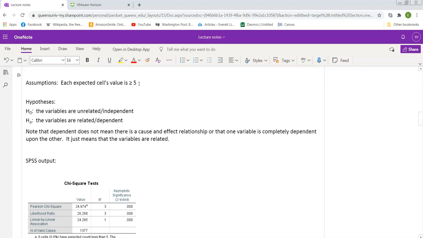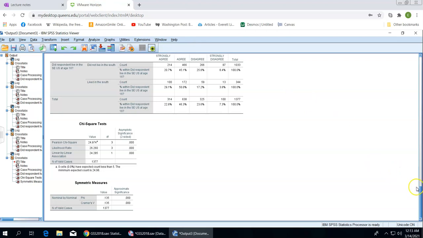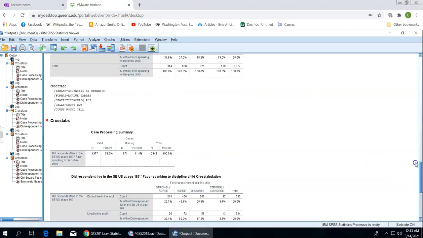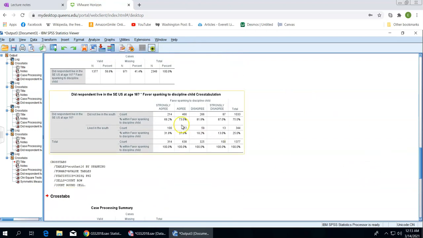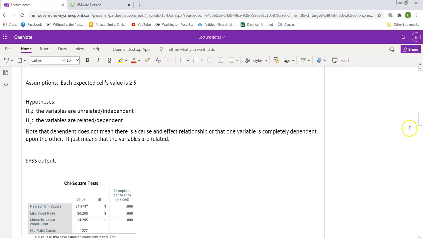If you don't have that, then you can collapse some of the categories. Like for the one we had, we might lump strongly agree and agree together, and disagree and strongly disagree together. And sometimes that makes your assumption of expected cells met.